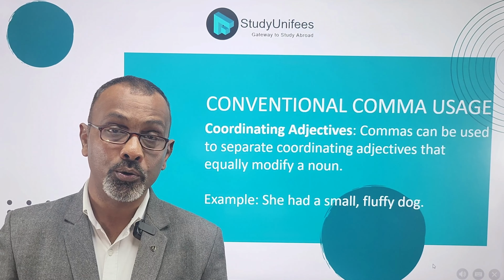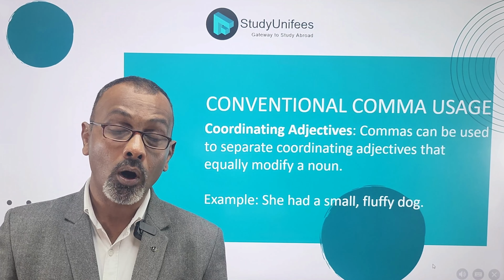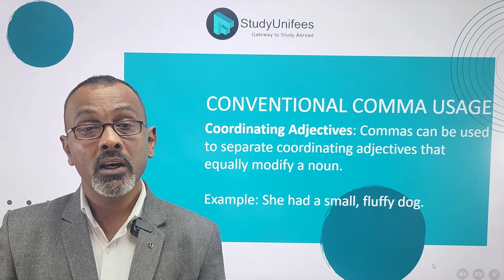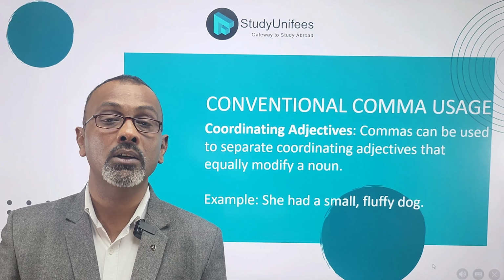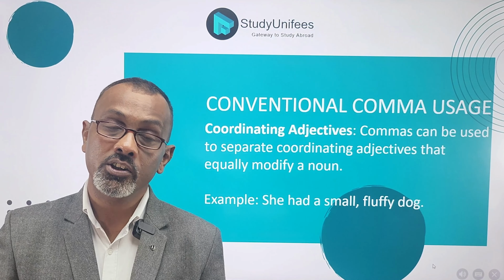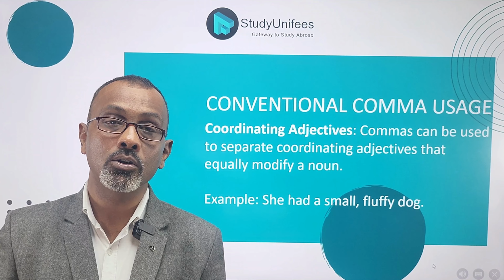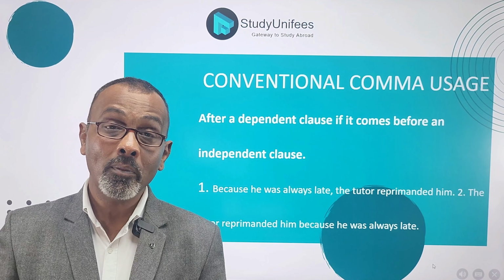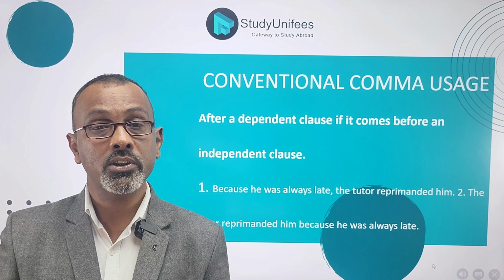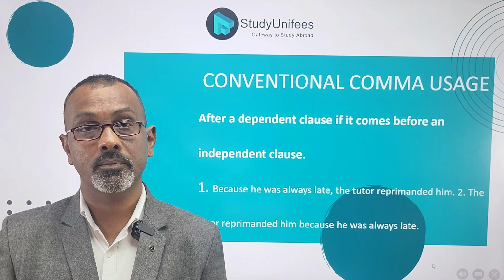Commas are also used to separate two coordinating adjectives. Two coordinating adjectives are adjectives that describe the noun equally. Here the two coordinating adjectives are small and fluffy. They equally describe the noun dog. In complex sentences, commas are also used to separate the dependent clause from the independent clause.